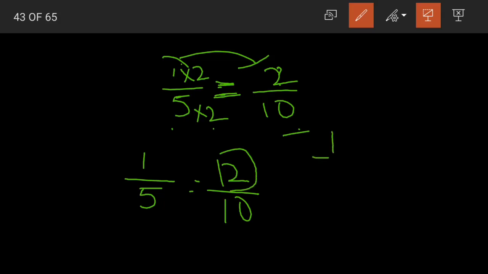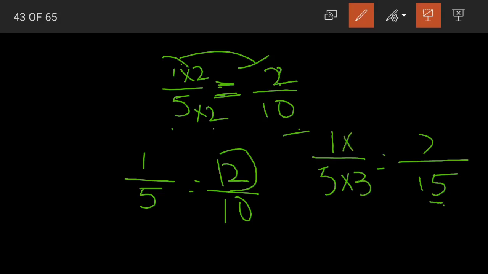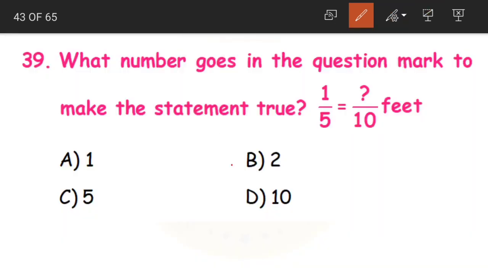Suppose they give you 1 by 5 is equal to dash by 15. How will we get 15? 5 into 3. So in the numerator, you would have to multiply by 3 as well. 1 into 3 gives us 3 as the answer. This is how you solve these kinds of questions. For this particular question, the answer is option B, 2.